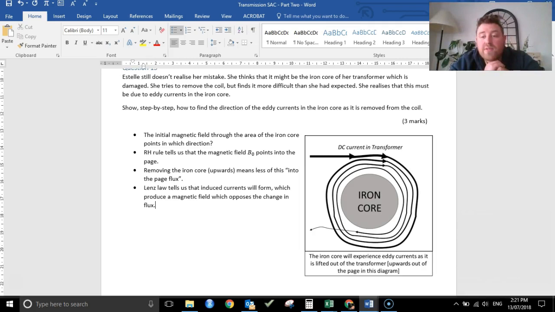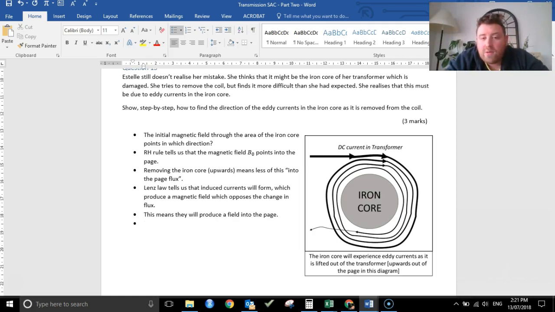Okay, so if we've got less into the page and these currents are going to oppose that, this means they will produce a field into the page. Okay, so they're going to make up for the loss of that into the page flux. Right.